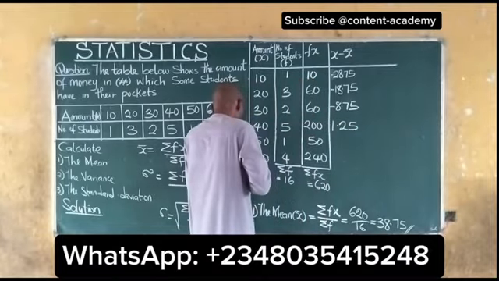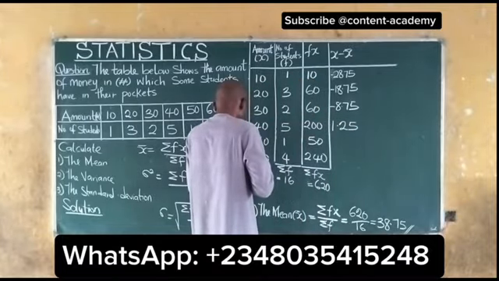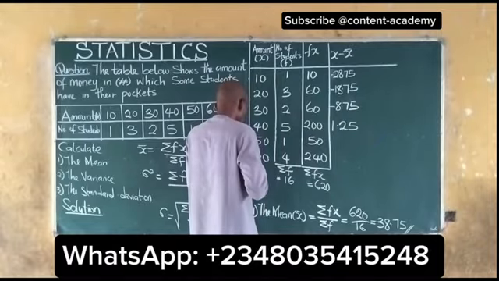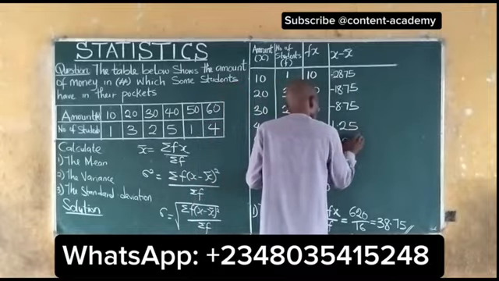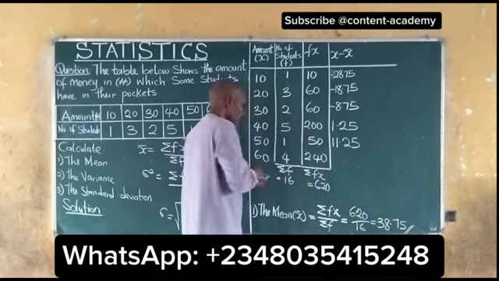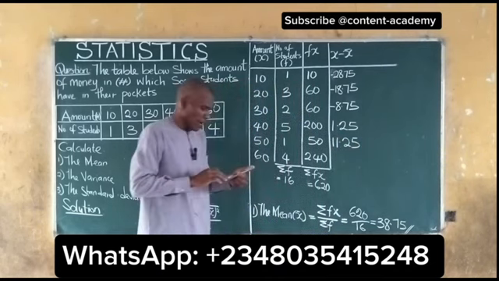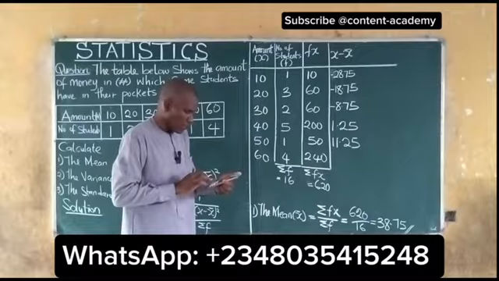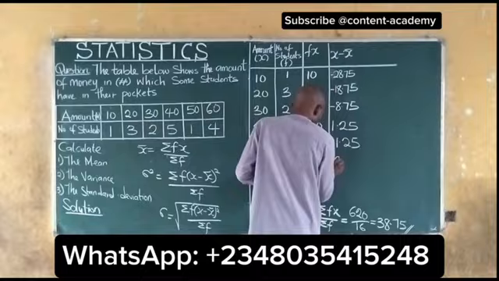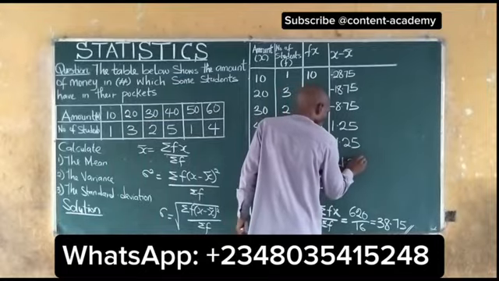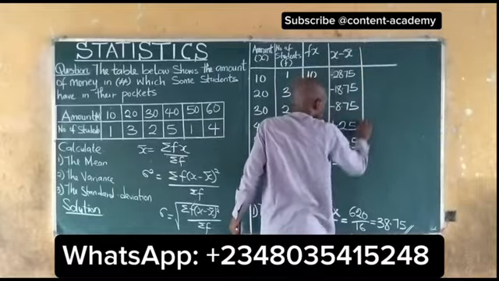We have 50 minus 38.75, we have 11.25. And we have 60 minus 38.75, we have 21.25. So this is what we have.